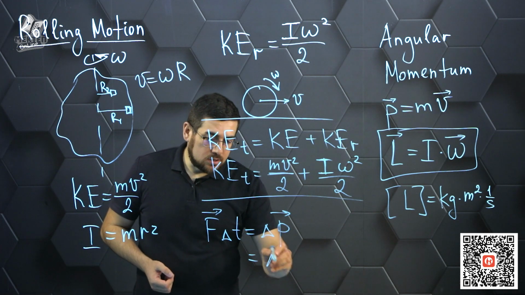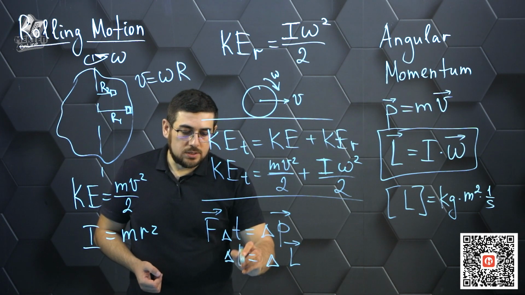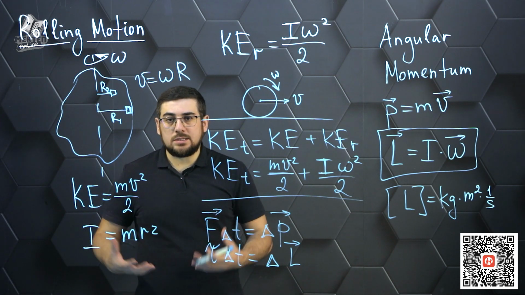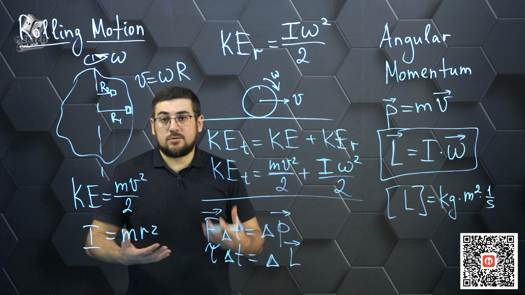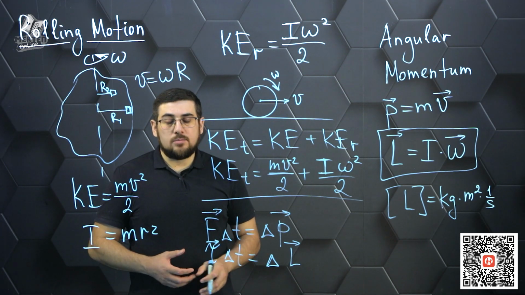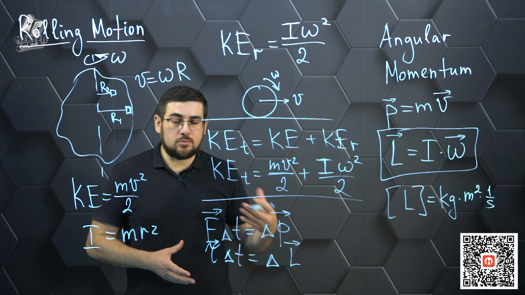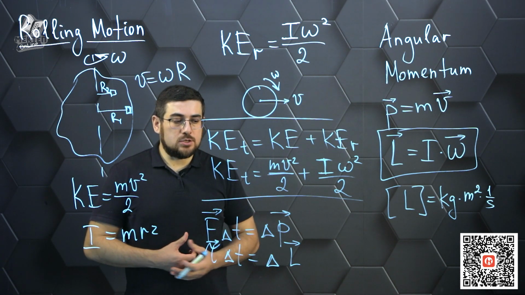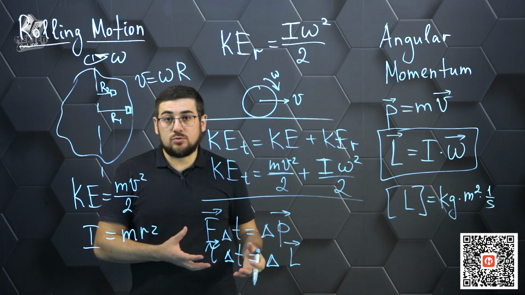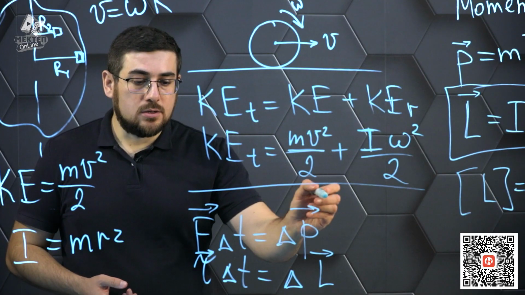Here we have a change in momentum due to a force acting for some time, which causes this rotation. And again, angular momentum is a vector quantity, because all rotational parameters are determined by the right-hand rule. We will talk about it in the next lessons, where we will consider the specific reasons that cause the acceleration of this or that object, and we will apply these rules in practice.